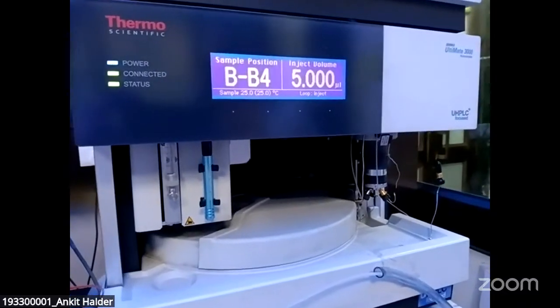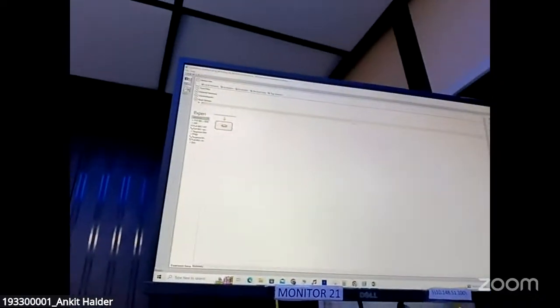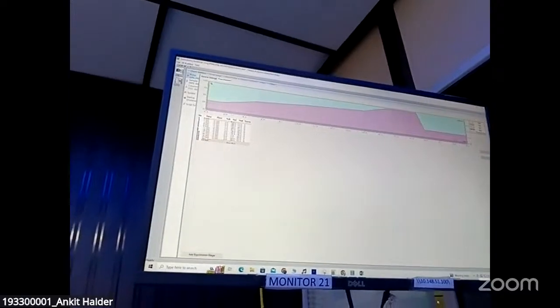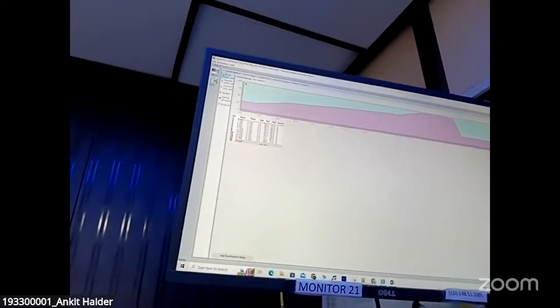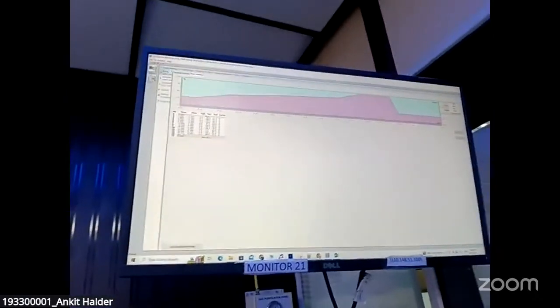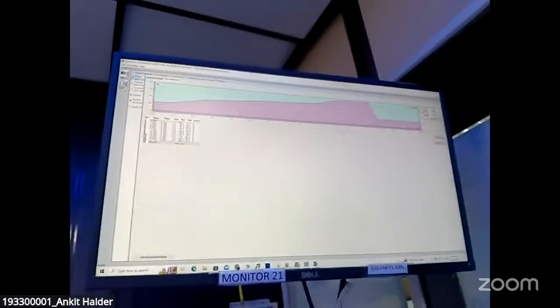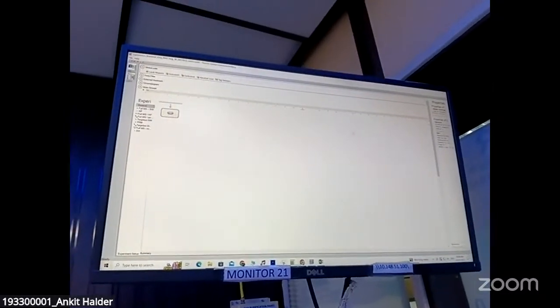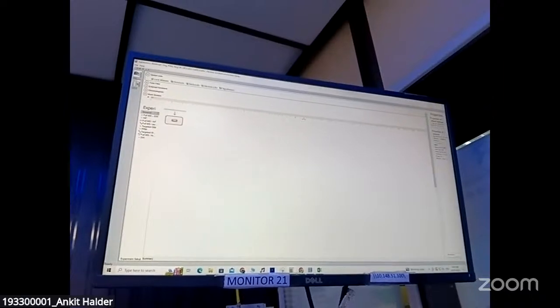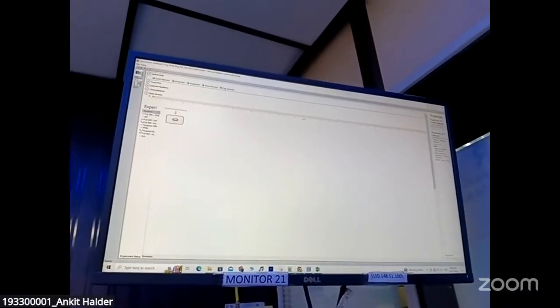So if I just show you one thing here, this is how we keep the gradient of the method. You can see there is a gradient in the mobile phase and then it comes back, and this is where we keep different methods of different resolution and different ionization depending on our scan rates.